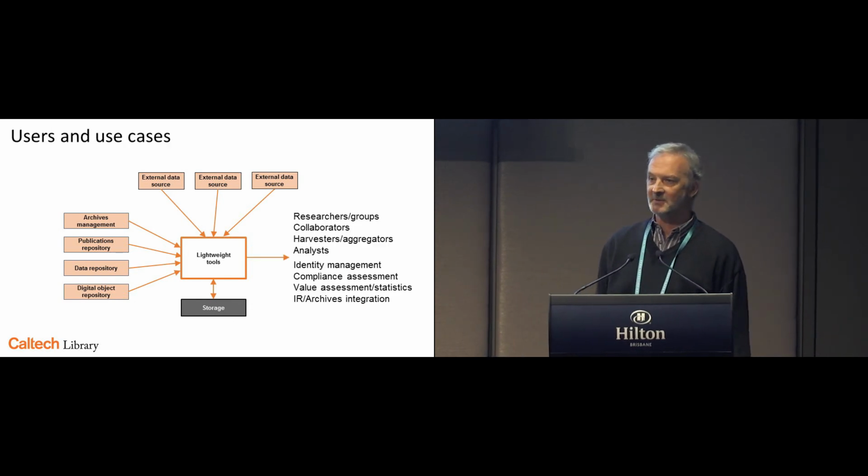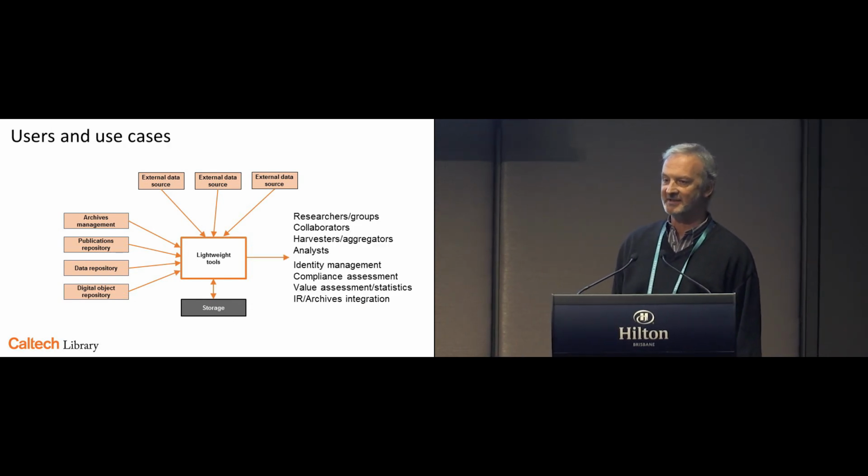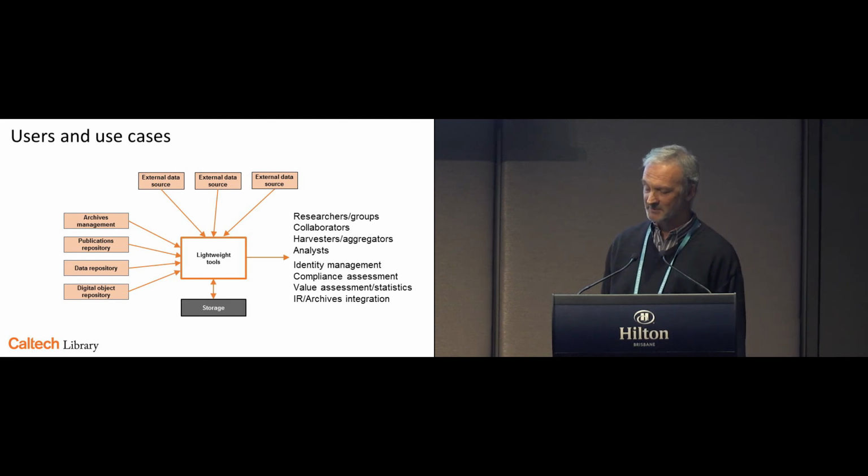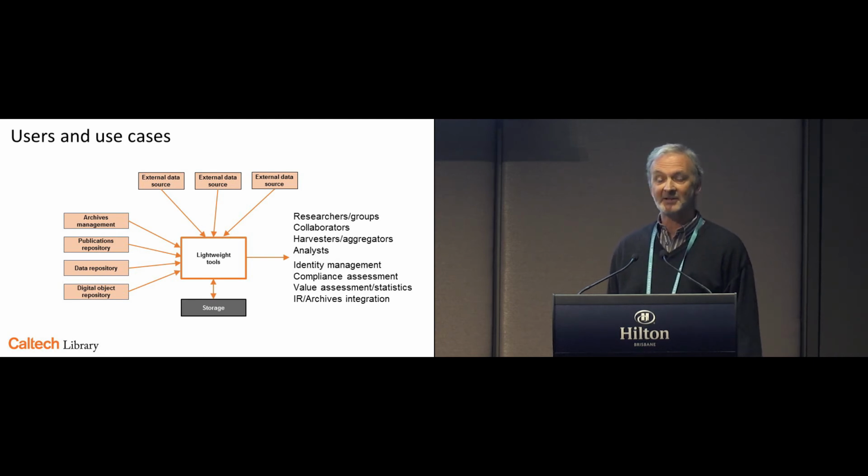And as Tom said, we want to build against the dataset tools in a variety of ways. We have various users, researchers, collaborators, systems, harvesters, and aggregation systems, various analytical tools that could run against this. There are various things that we are working on for the campus right now: identity management, which Tom talked about, compliance assessment, value assessment.